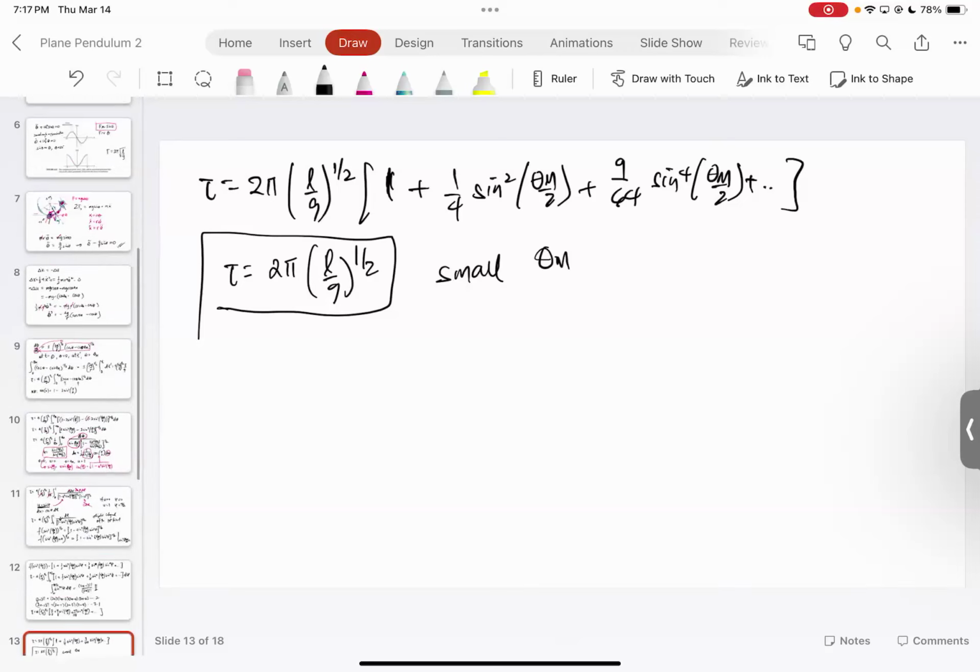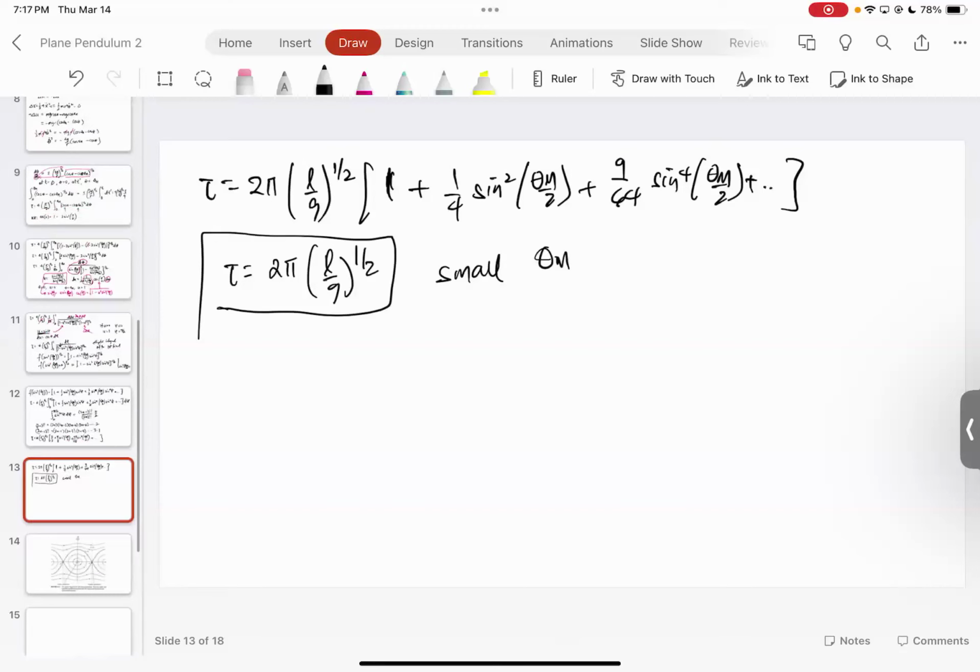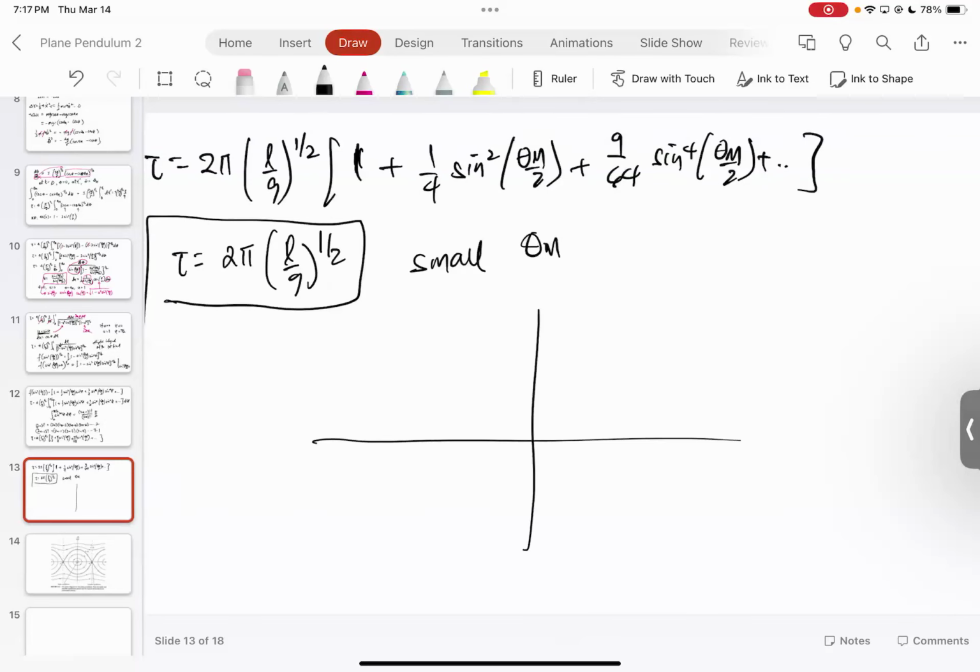Okay. So saan natin kukunin yung phase plot? Siyempre, we're talking about dito, angular displacement. So yung x-axis natin is angular displacement, which is theta. Di ba? Okay. At yung y-axis natin ay theta dot. Di ba? Angular velocity.